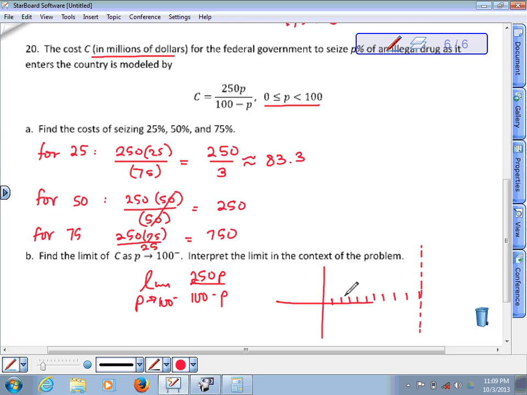And these represent percentage points of how much of the drug they want to seize. So at 25%, which was about right here, they were at 83 million. At 50%, they were at 250. At 75%, they were way up here. So as the graph approaches this vertical asymptote of 100, where's the graph heading to? And the answer is it's heading to positive infinity. So the answer to this is infinity.